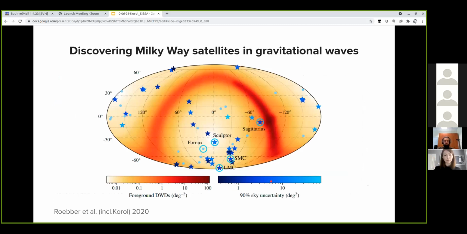So in the sky map, you see the density of the foreground, so Milky Way sources, in orange, and the stars and points are the satellites. The stars are those in which we were able to recover our fiducial source, and the points are those in which the source was not detected.